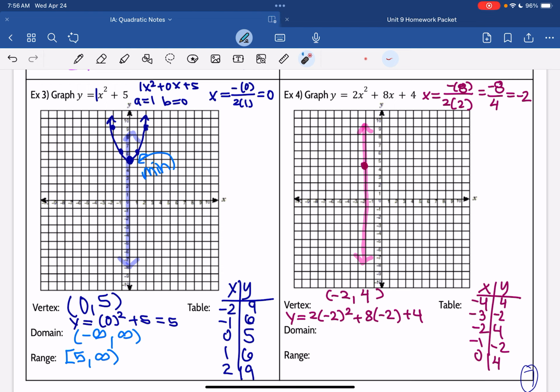So now, negative 4, we are at, oh, what the heck? Oops. I forgot my negative. How many of you guys caught that?